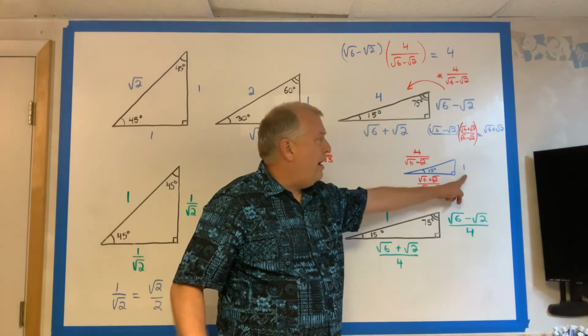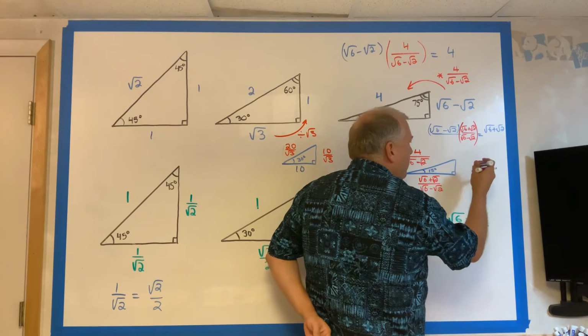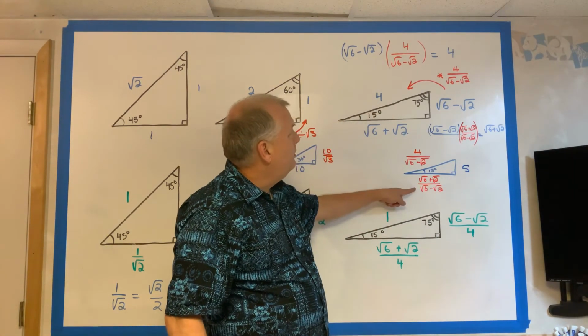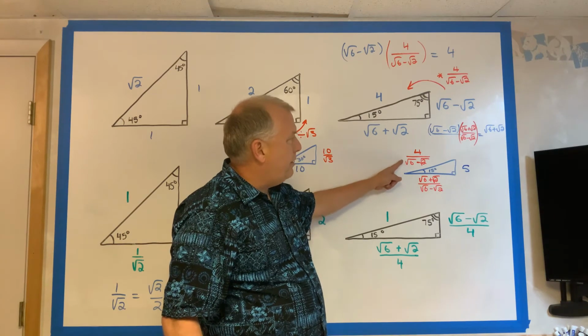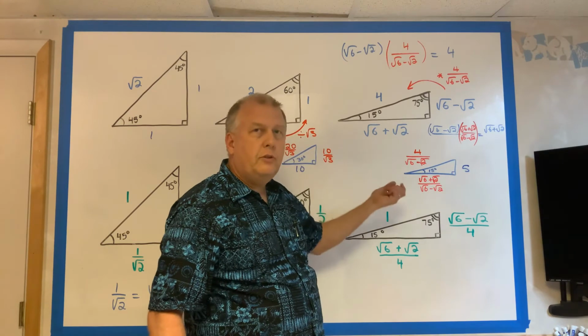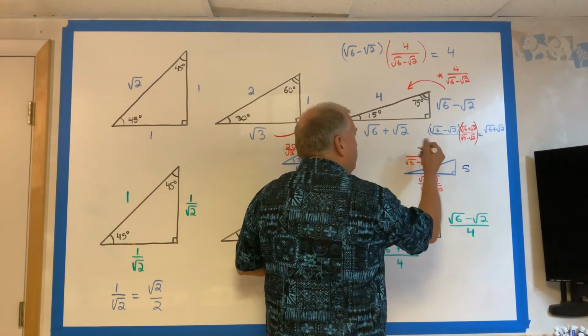What if this is a 5? If I multiply the 1 by 5, how does that change these two answers? I'll just multiply this by 5. If I made this side 5 times as large, this side becomes 5 times as large too. That's the value of similar triangles.